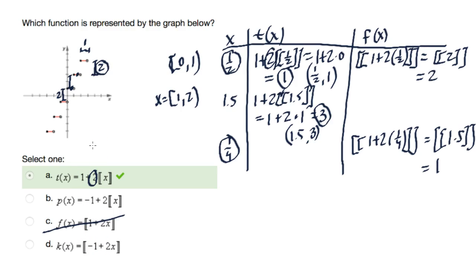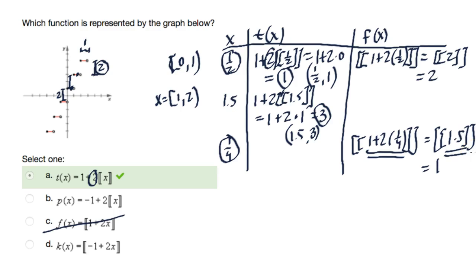And hopefully you're understanding how greatest integer functions work. You want to simplify everything inside the greatest integer function before you actually apply the greatest integer function. So as you can see here, I simplified this down to 1.5, and then I applied the greatest integer function.